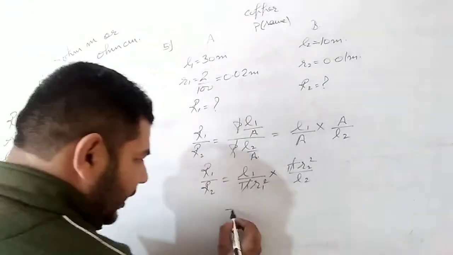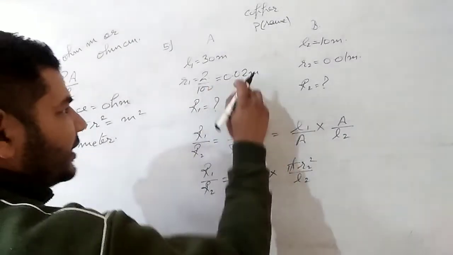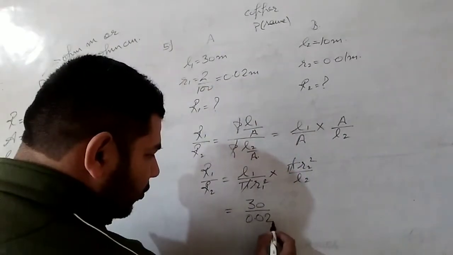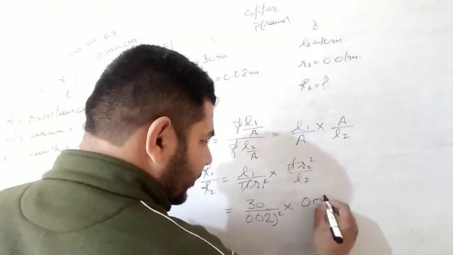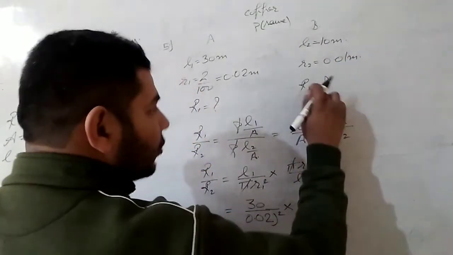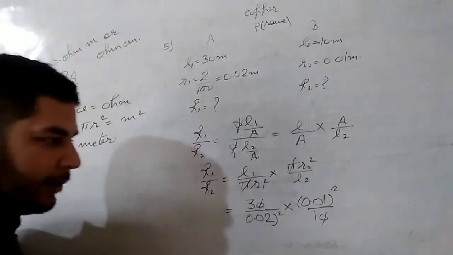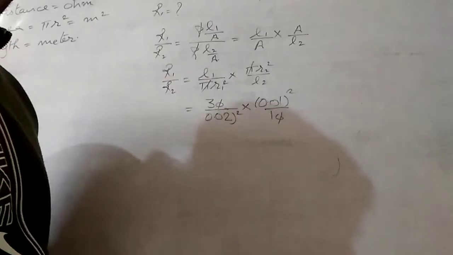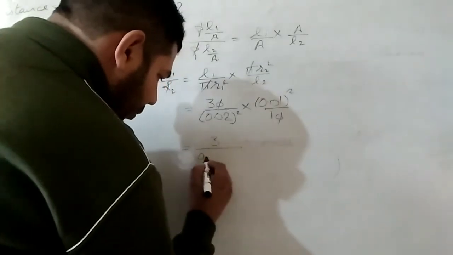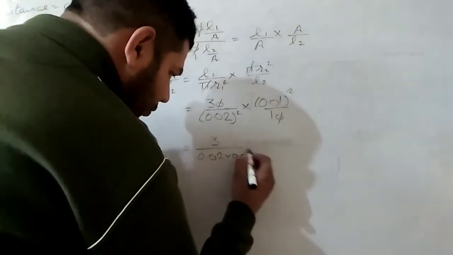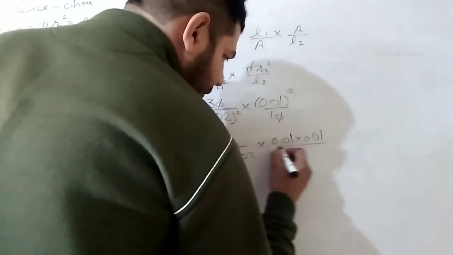Pi gets cancelled out. Okay, so L1, what is L1? 30 upon r1, r1 is 0.02 square into r2 0.01 square by L2. Here L2 is 10. So we are getting squares here. 3 upon 0.02 into 0.02 into 0.01 into 0.01.